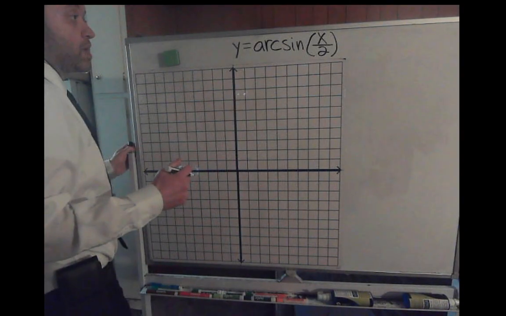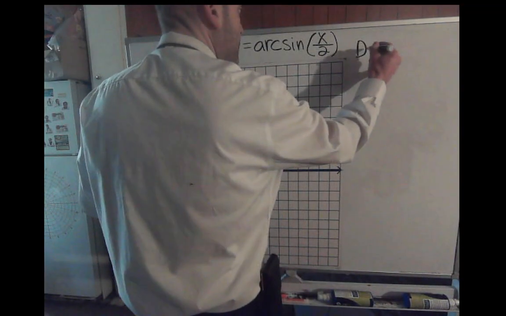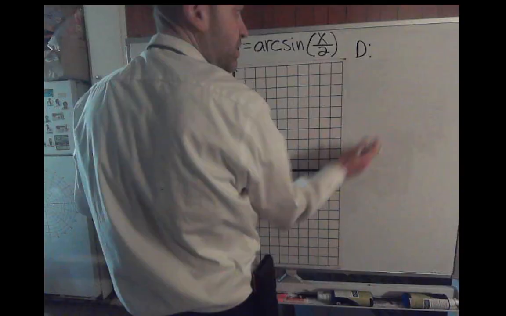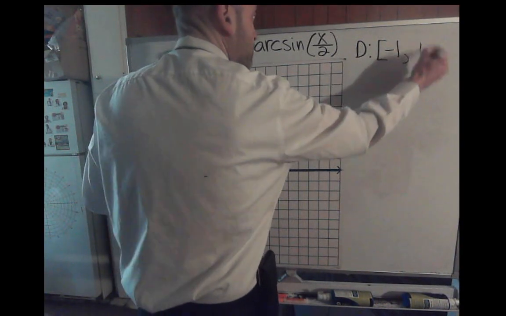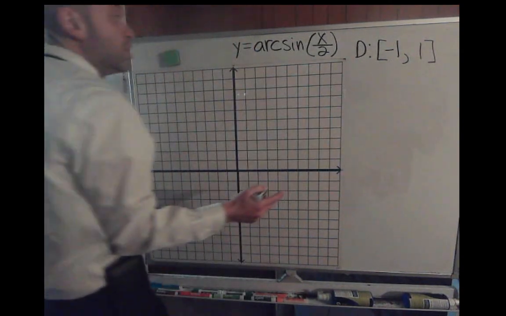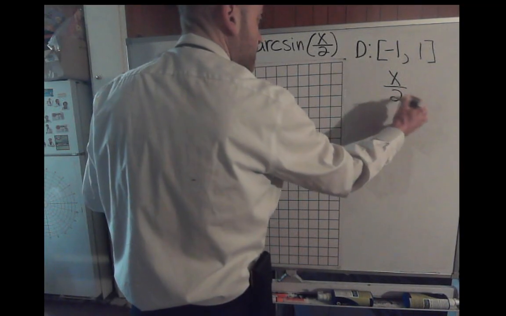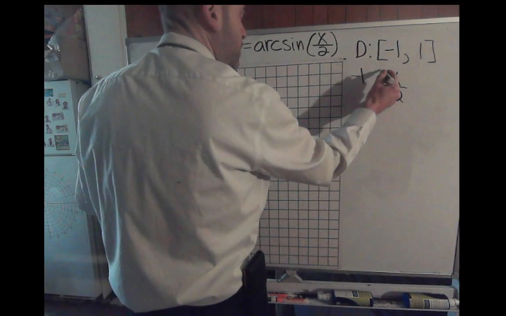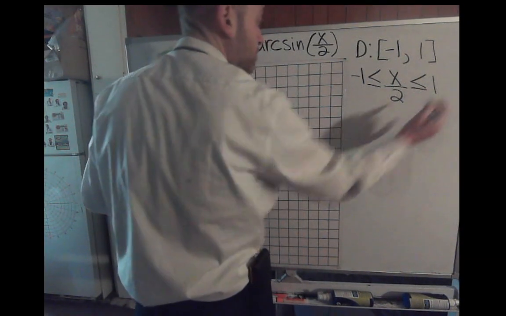So we know the normal domain of the arc sine function is, of course, from -1 to 1. However, we need to set up an inequality. Take that x over 2, make -1 less than or equal to x over 2, and make that less than or equal to 1.